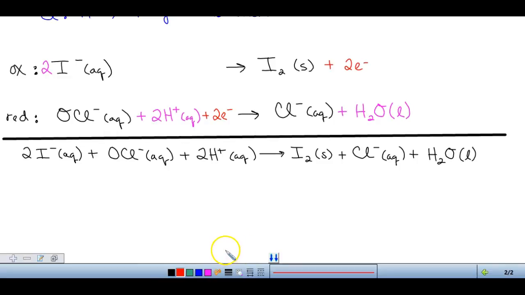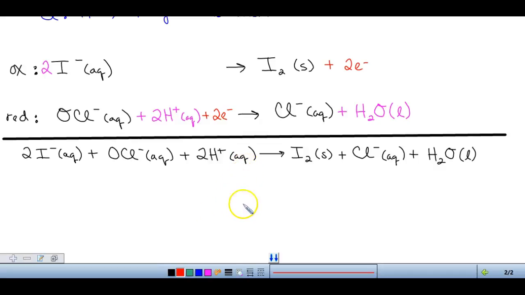What do we have to do, you ask? Well, you have to remember in basic solution, you have extra hydroxide ions floating around. So those 2 little hydrogen ions on the reactant side are not just going to hang out. Okay? They're going to react with hydroxide.